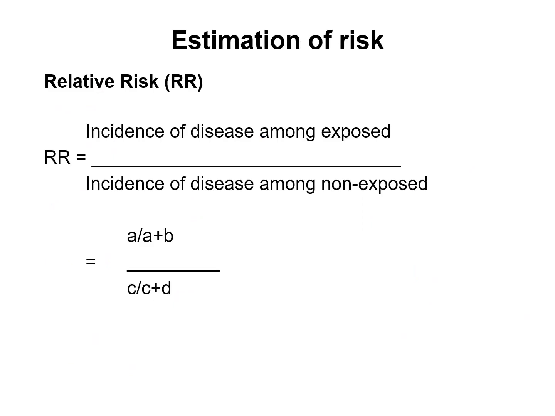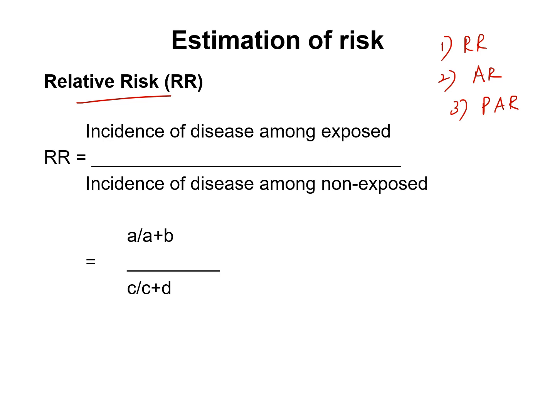Now let's discuss the estimation of risk. The strength of association in a cohort study is given by relative risk, second attributable risk, and third population attributable risk. First, let's discuss relative risk. Relative risk is the ratio between the incidence of disease among exposed and the incidence of disease among non-exposed.